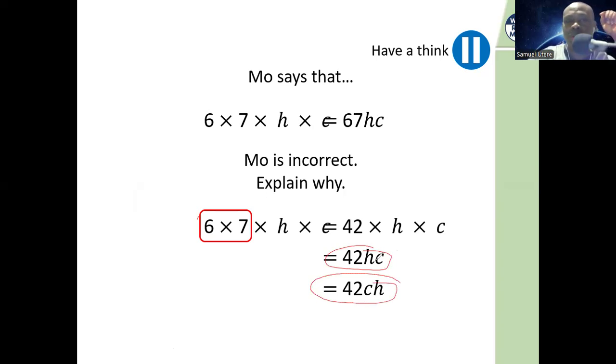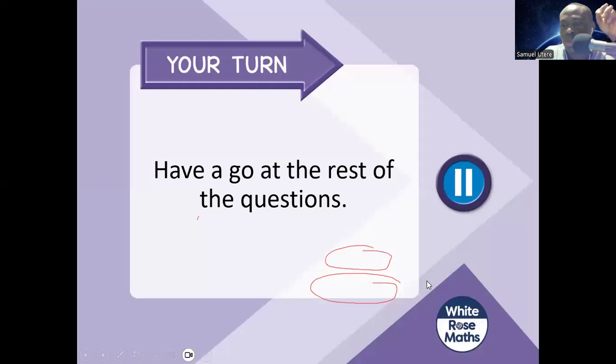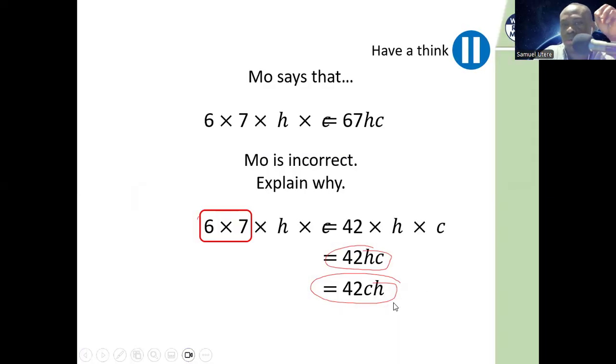Well, you should know that in algebra, it's good practice. So take note of what I'm telling you now. It's good practice. You need to get into good habits of writing the letters in alphabetical order. So we'll choose the second one, 42CH.